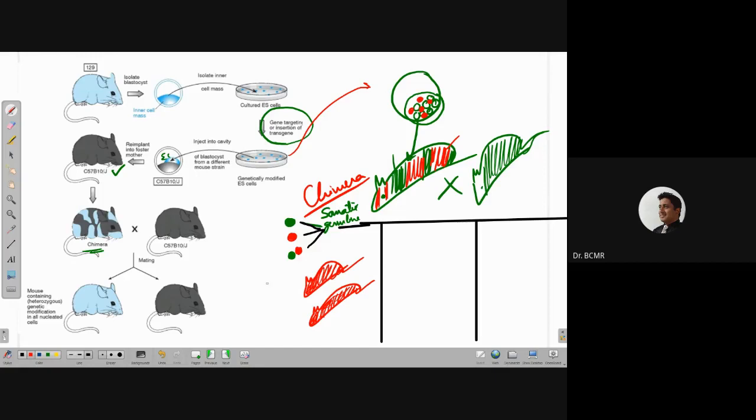What does that mean? What if some of them are green and some of them are red in color? Assume that the transgene is the dominant trait, okay? Just for simplicity of understanding. Or all are green.